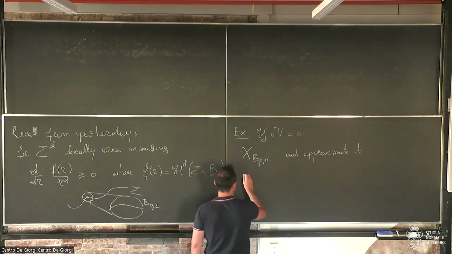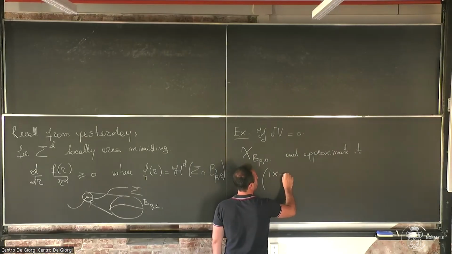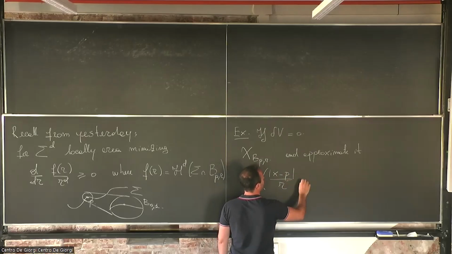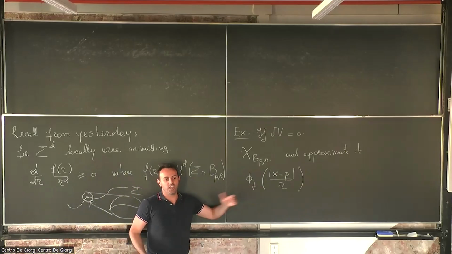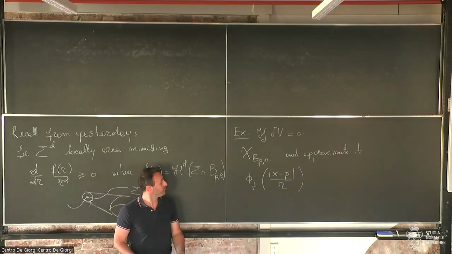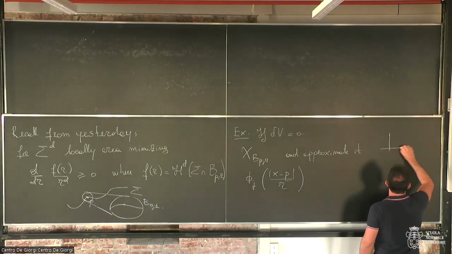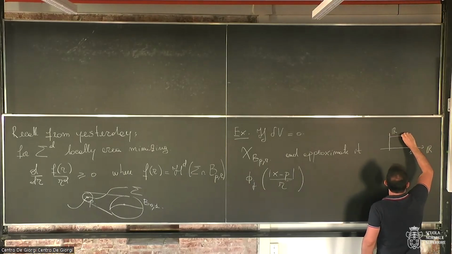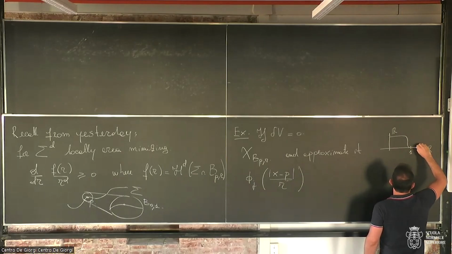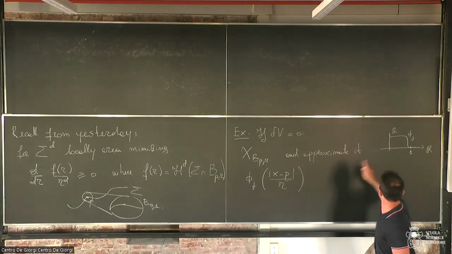So for instance, something of the following type, phi_j of x minus p, rescaled by the radius so that you bring the function phi_j into the domain at scale 1. You want phi_j to be something like this.